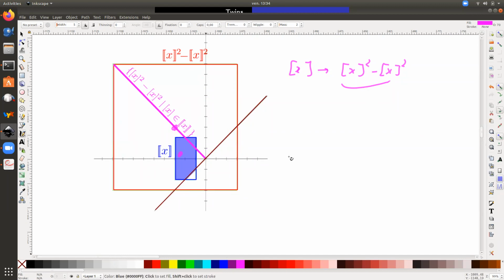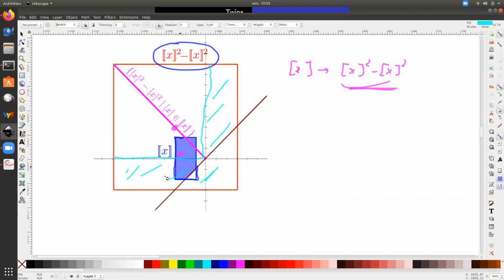So the image by this interval function of all these twins, it is a twin, then I will get the magenta segment. And the twin interval arithmetic, like this, will introduce some pessimism because it is not the smallest one. The smallest one would have been this one. So this is considered as some pessimism. I still have some wrapping effect in my arithmetic.